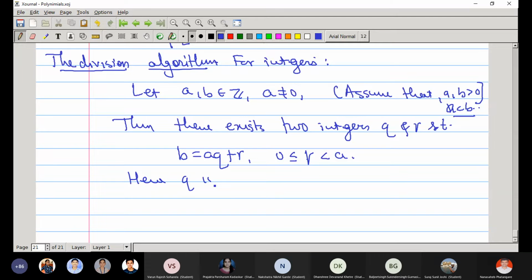That means when we divide b by a, then we get some quotient and the remainder is always less than a. Is the statement clear? Statement of division algorithm, right?